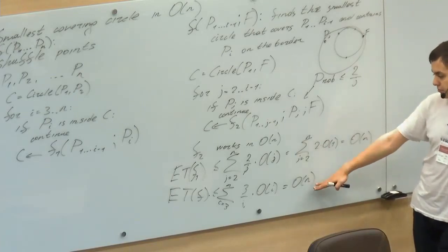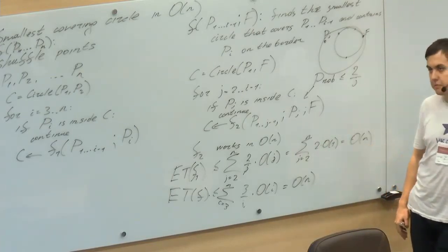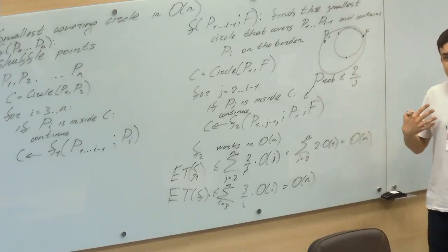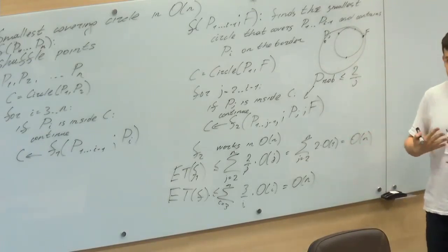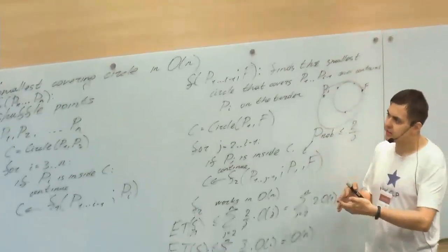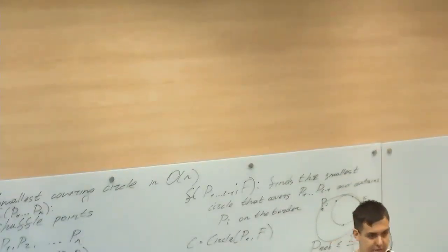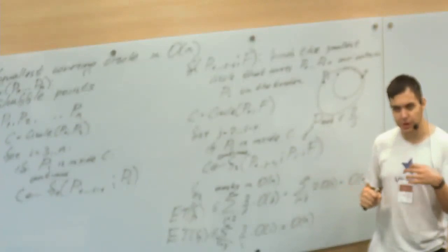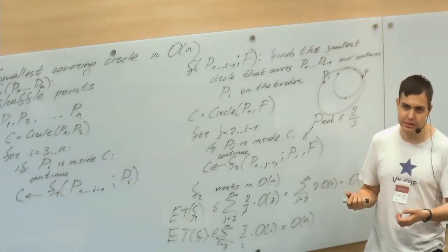Okay, so that was the algorithm, and it's simple enough, so it generalizes to more dimensions. So we can find the smallest sphere that covers all the 3D points. Just the same thing, right? So first, we have to know how to build the sphere on 2 points, on 3 points, and on 4 points.